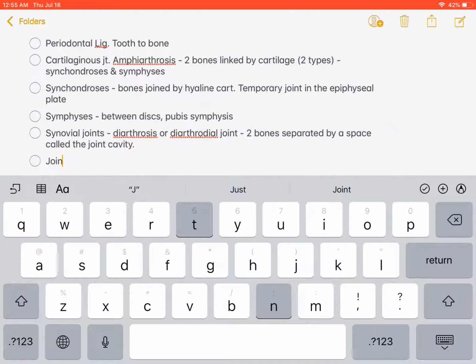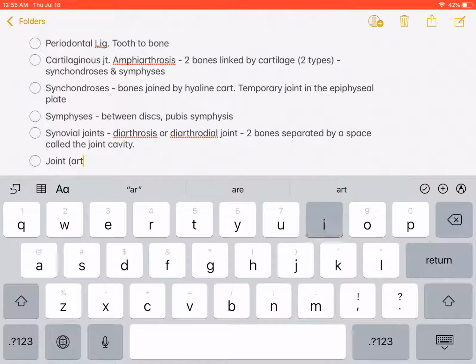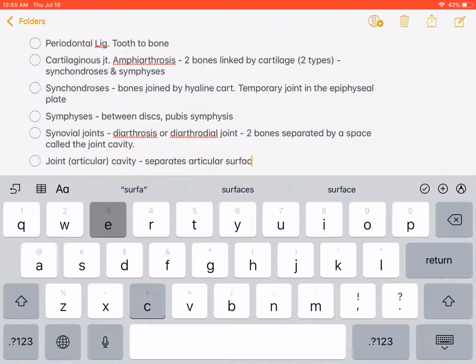A joint or articular cavity separates articular surfaces. Okay, that's good to know.